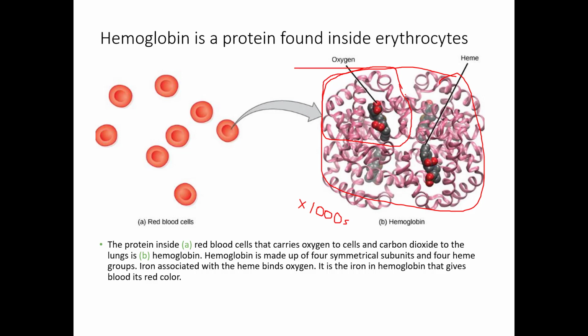Here's 1, here's 2, here's 3, and here's 4 polypeptides. 2 of them are called alpha, 2 of them are called beta. I can't tell in this picture which is alpha and which is beta, but they each have this porphyrin structure called heme. This one's kind of behind. Here's a heme there, there's a heme there, and there's a heme there. So 4 polypeptides, 4 hemes, and each of the heme groups can carry oxygen.